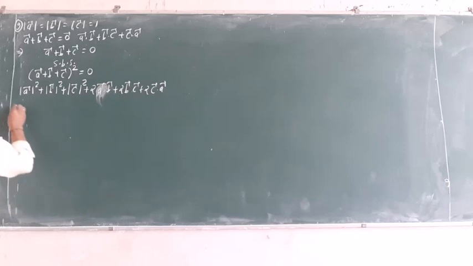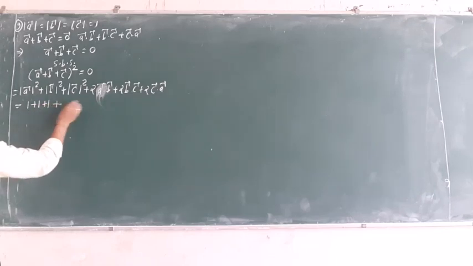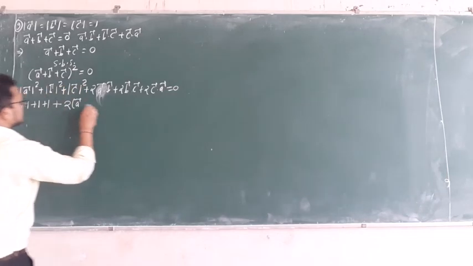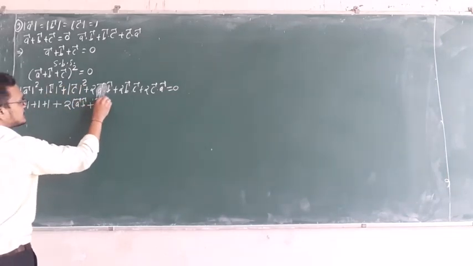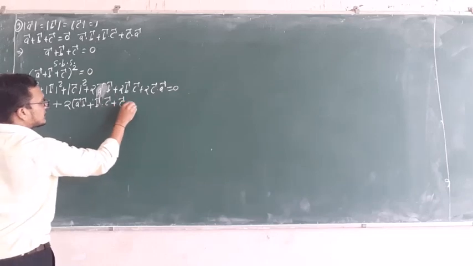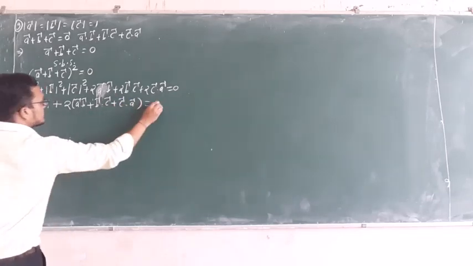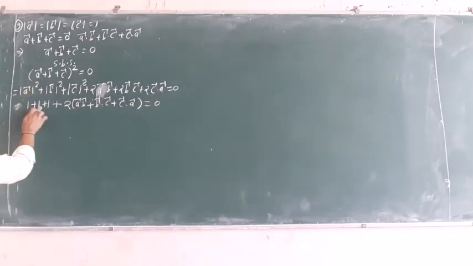Now the magnitudes of A, B, C are 1, and 1 square is 1, 1 square is 1, 1 square is 1, and 2 is common. The right hand side is 0, so we are left with A dot B plus B dot C plus C dot A equal to 0. Here 1 plus 1 plus 1 is 3.